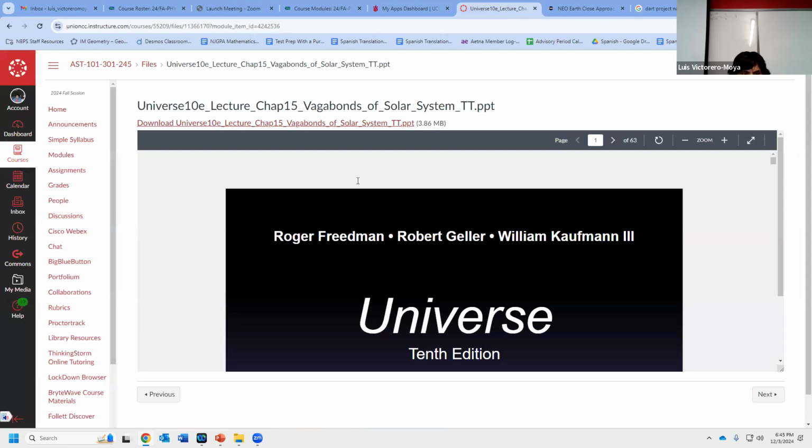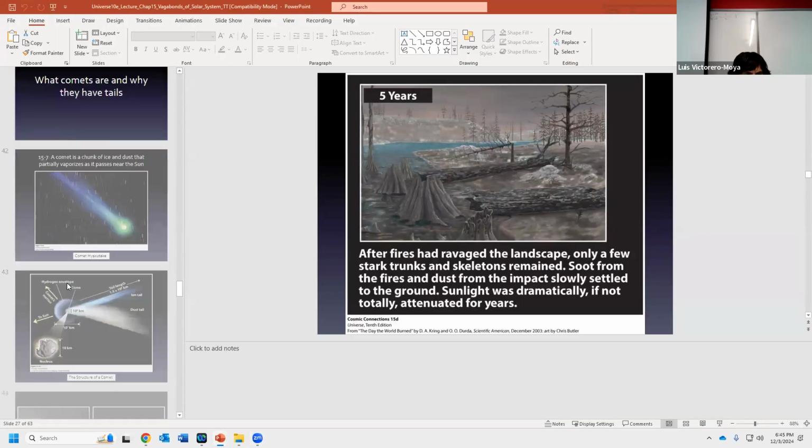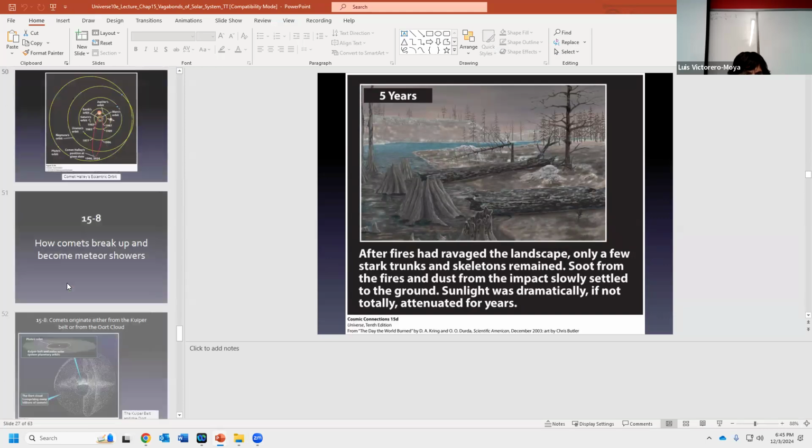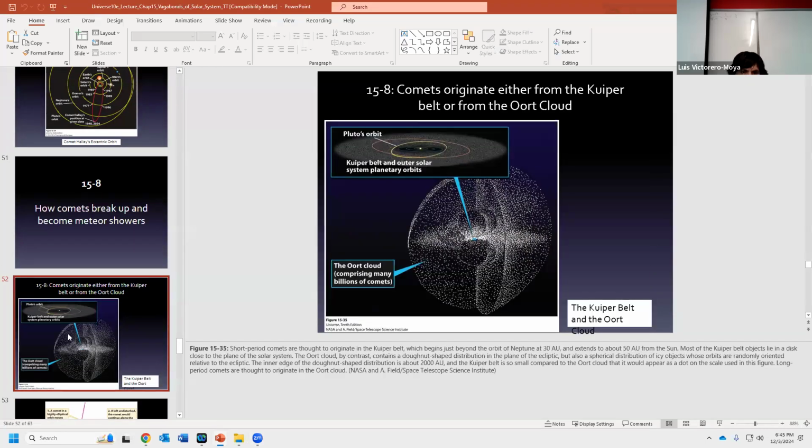What else do we have here? So that's basically it about comets and asteroids, guys. Again, the main difference between comets and asteroids is their composition and where they are coming from.